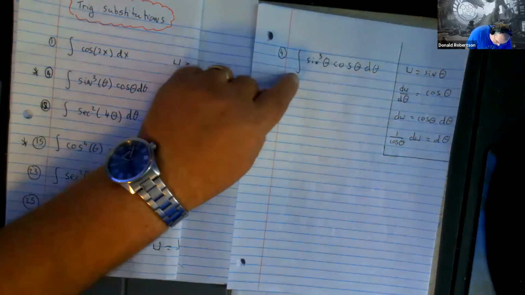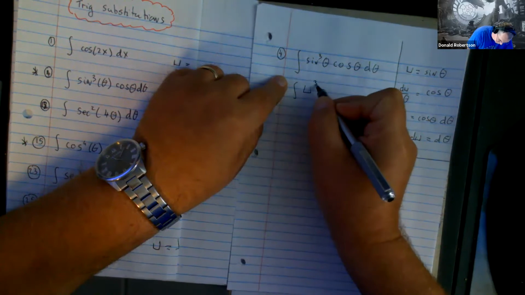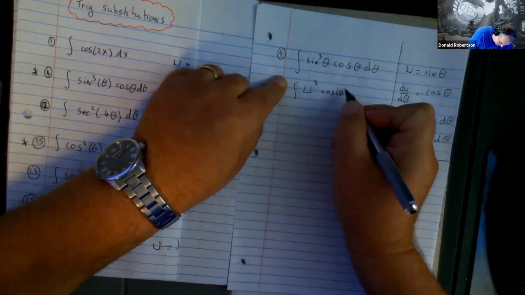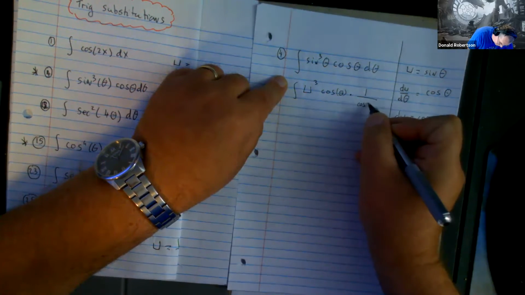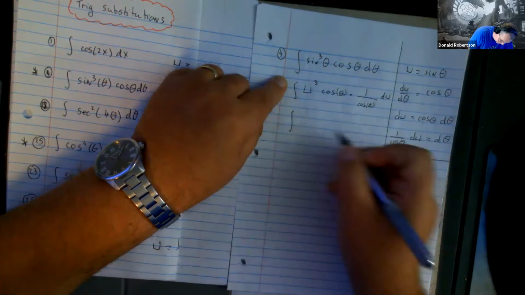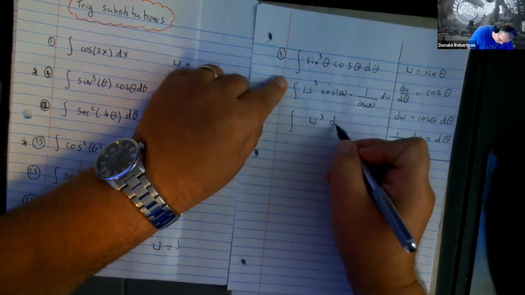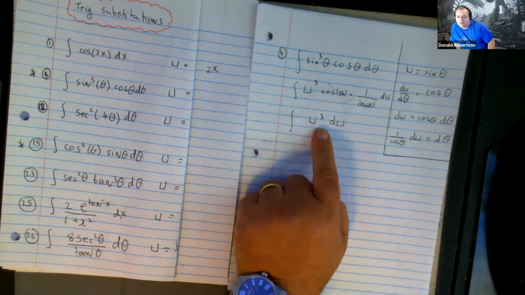Then you move over here and sine cubed becomes u cubed. I'll just leave the cosine theta alone for a minute and replace the d theta by 1 over cosine du. And if you do it correctly, if you pick a good u-sub, shouldn't line 3 just be an integral with u's in it?